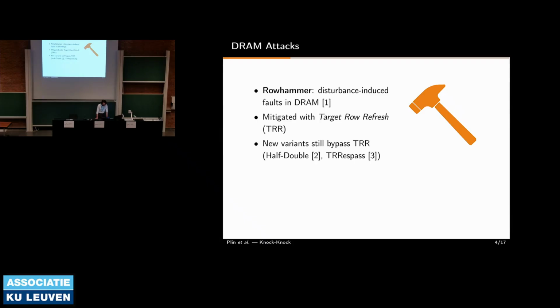But it has been mitigated by target row refresh in newer LPDDR standards. But new variants emerged, such as half double and trespass, to realize the attack despite those mitigations. However, they have a common prerequisite, which is a knowledge of the DRAM addressing in order to craft complex access patterns inside of the same bank.